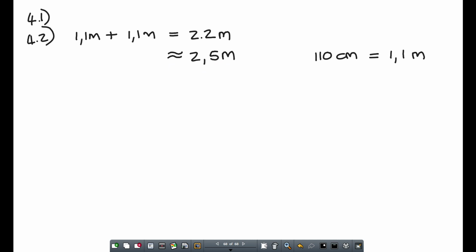So you can write 2.5 meters or 250 centimeters, same thing.